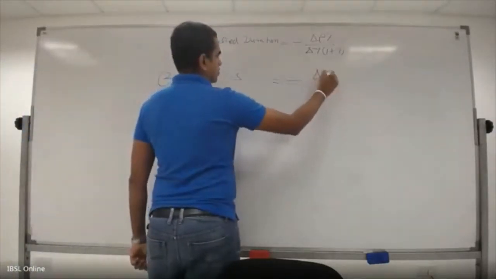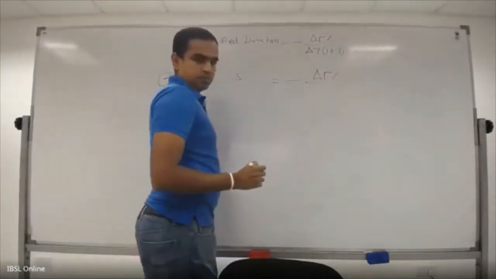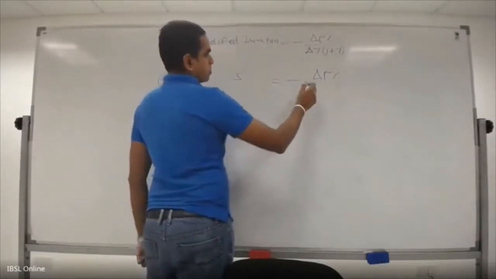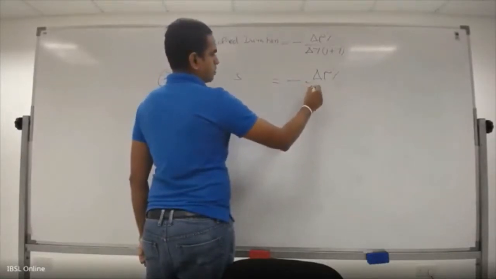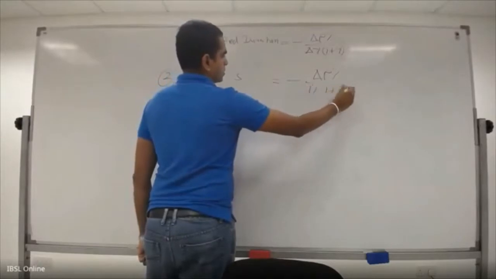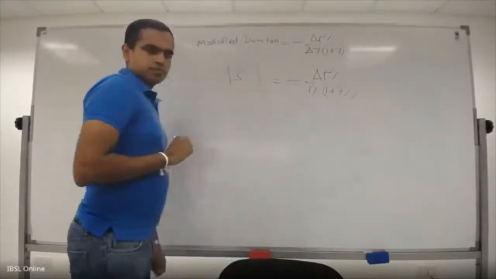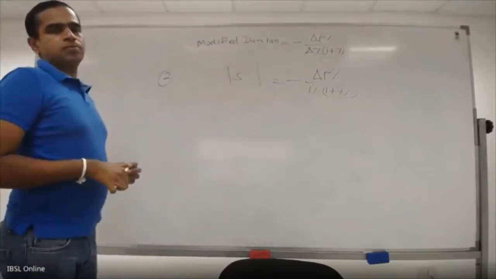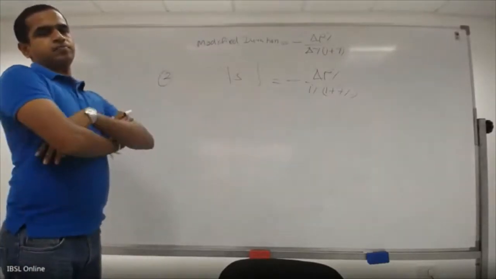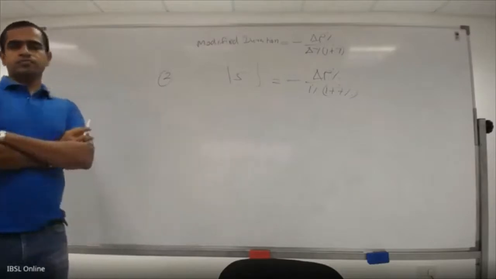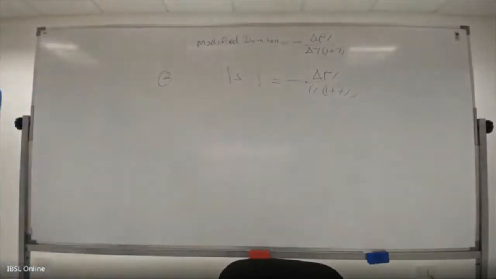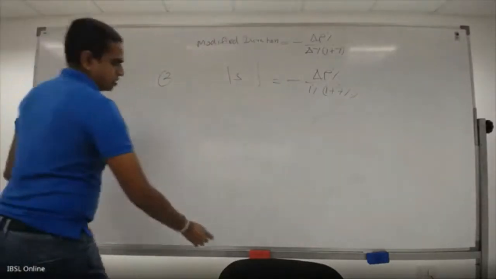Minus percentage change in bond price divided by change in yield, a 1% increase. So what I wanted to explain is, if it's not specifically given, let's assume this is modified duration.